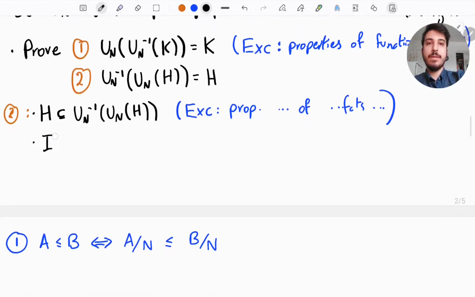So if k is an element of u_N inverse of u_N of H, then we can apply u_N on both sides.